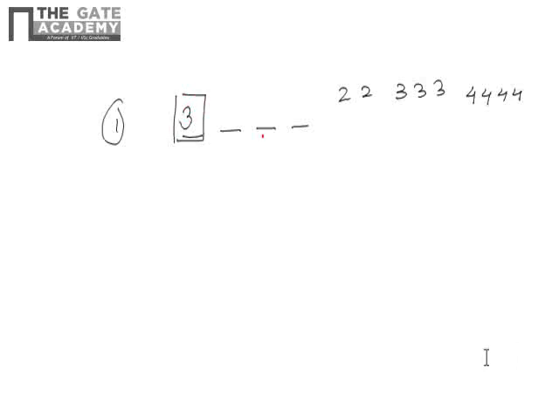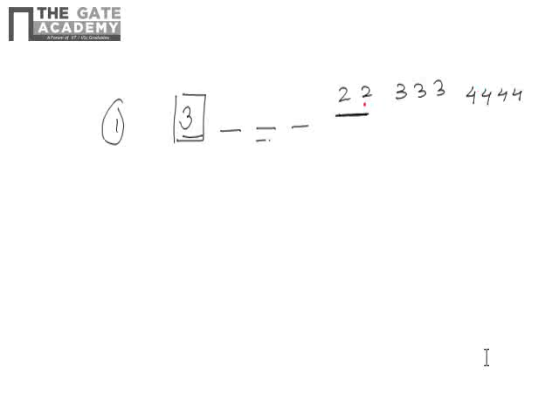Now the remaining 3 places can be filled. Just see that you can take one of the 2 here, then you can take one of the 3 here, and you can take one of the 4 here. Here we cannot count the total number of digits available, because there is repetition in the given digits.